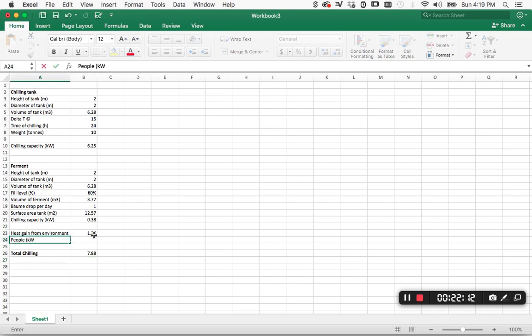People, kilowatts. People, number. So how many people are in this winery at any one time? Chilling for people. So each person in the winery adds 0.25 kilowatts. So it would be that times 0.25. So let's say there's 2 people running around. Adds 0.5 kilowatts of chilling required.